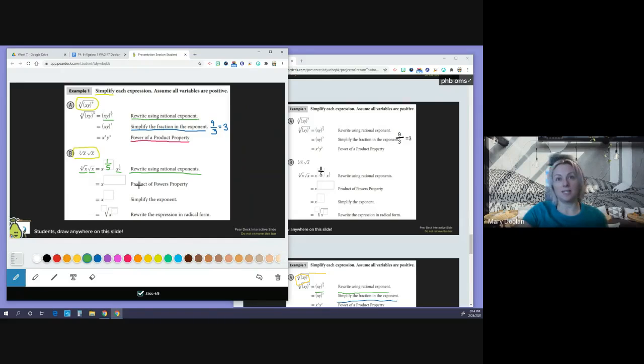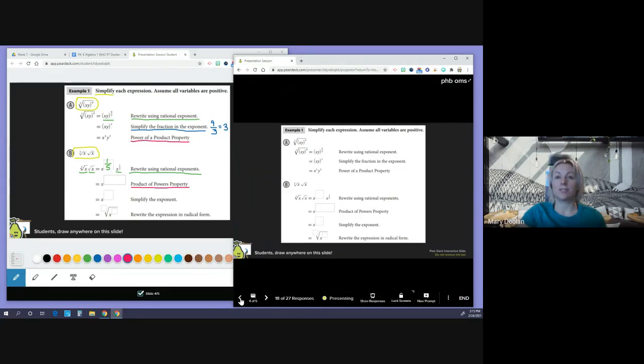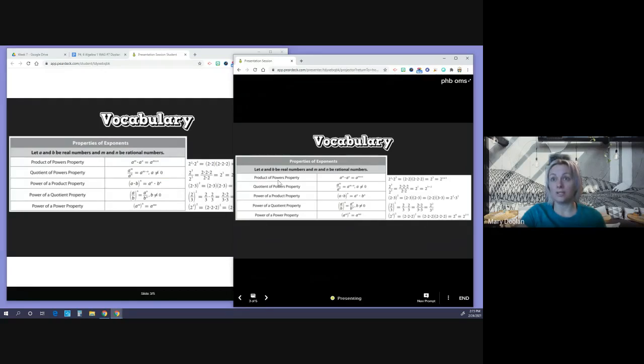Alrighty. Now it says the product of powers property. So we're using one of our properties again. Let me go back to product of powers. That is the top one now. A to the m times a to the n is equal to a to the m plus n.